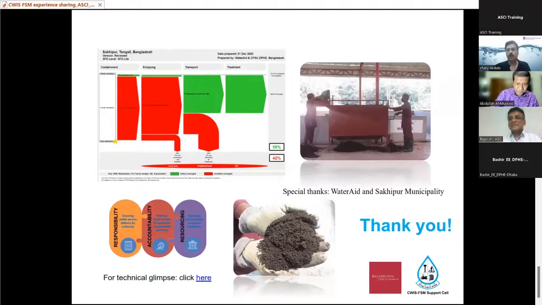Thank you so much. I think this is a very fascinating presentation from Bangladesh. Primarily, it was focusing on Shakipur, but I think there are two interesting ideas for us. Number one, the citywide inclusive sanitation program is designed around the principles of circularity, where the waste should be used in a very productive way.